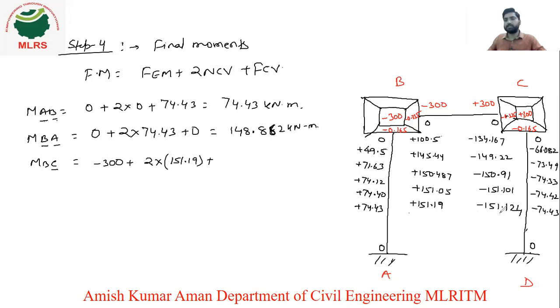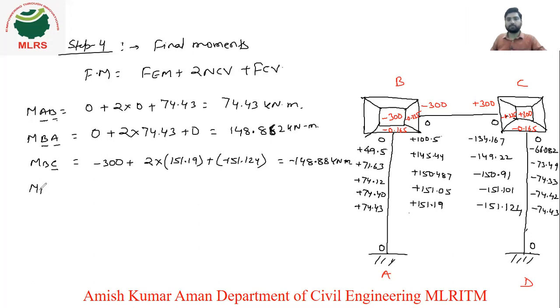C will be far, so at C it is minus 151.124. If you calculate it, you will get minus 148.88 kilonewton meter.